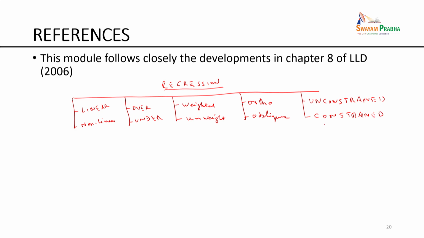Optimization, where we talked about the Lagrangian multiplier, the penalty function method, the method of regularization, and strong versus weak constraint formulation.